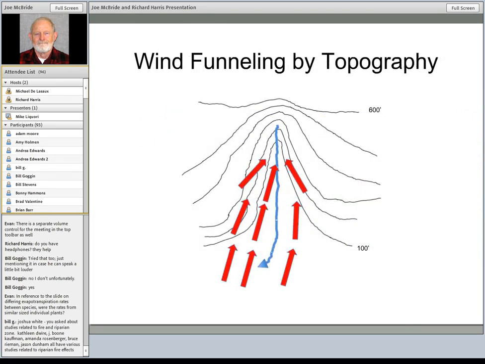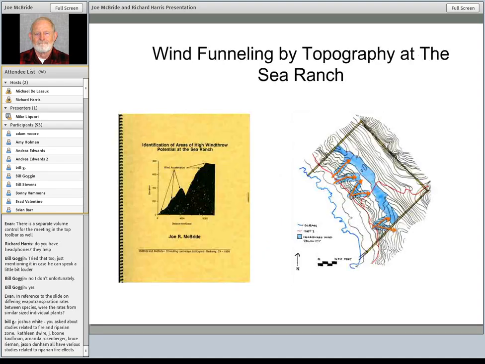The next slide points out that topography, as we move into headwaters areas or upstreams in steeper landscapes, can funnel the wind as the wind blows into the openings of the canyon and is concentrated further up in the canyon. The next slide is a cover of a report I did looking at wind funneling by topography at the Sea Ranch on the Sonoma County coast.